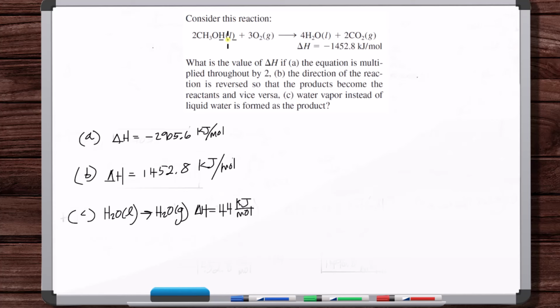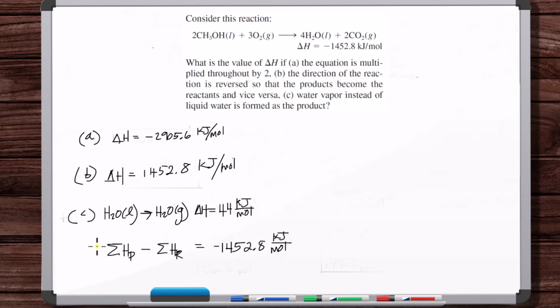the enthalpy calculation. So how do you calculate the enthalpy of a reaction? You say the sum of the enthalpies of the products minus the sum of the enthalpies of the reactants. Right now this is equal to minus 1452.8 kilojoules per mole.